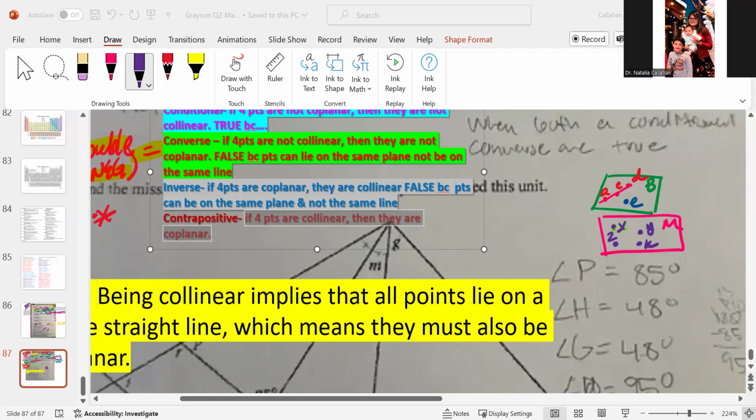True. If 4 points are on the same line, they lie on the same straight line. A line by definition lies in a plane. Therefore, any set of collinear points must also be coplanar. Does that make sense? Okay, so then you go ahead and write the explanation for that.